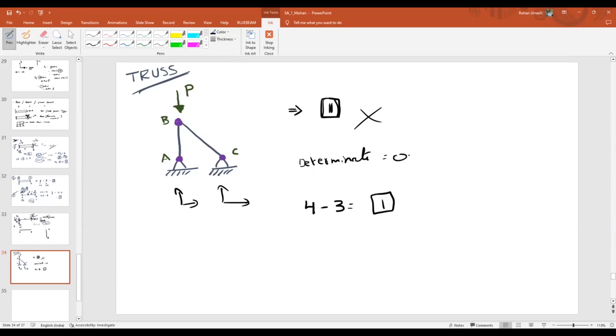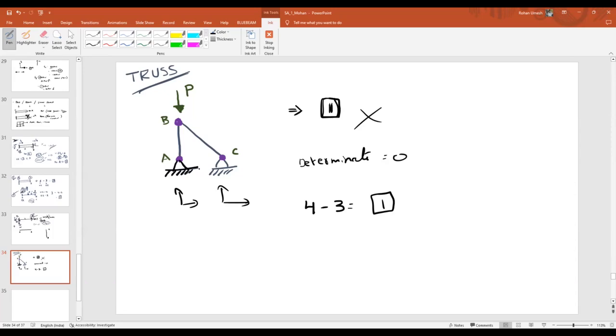Sir, the BC member is carrying 0 force, or any one member is carrying 0 force. Only vertical reaction is taking. Yeah, the point is here, see, at support A, reactions will develop through the members.